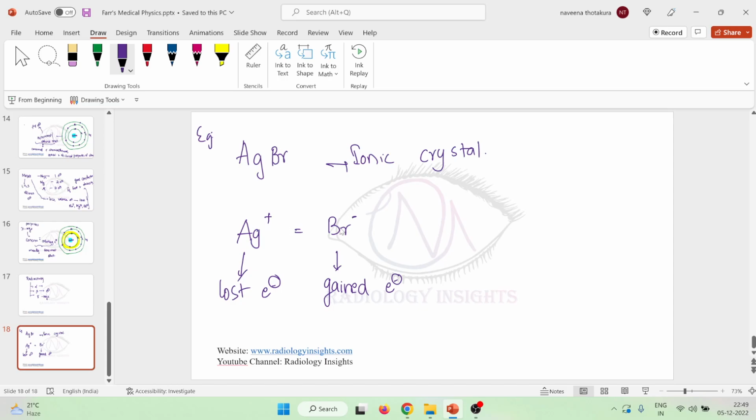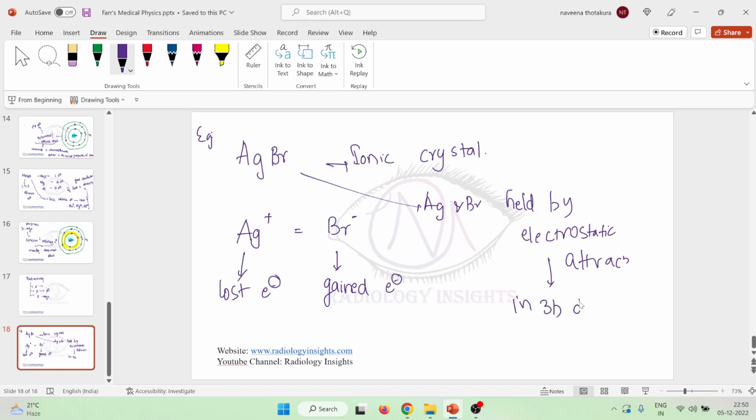Here the Ag+ and Br- are held by a type of attractive force called electrostatic attraction, which is seen in most three-dimensional lattices.